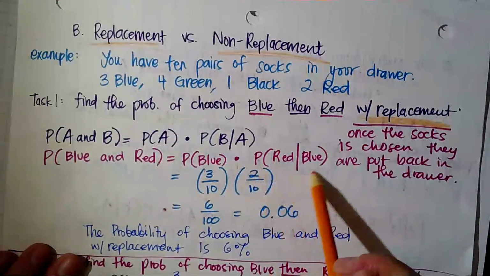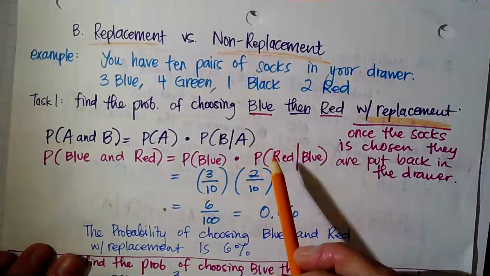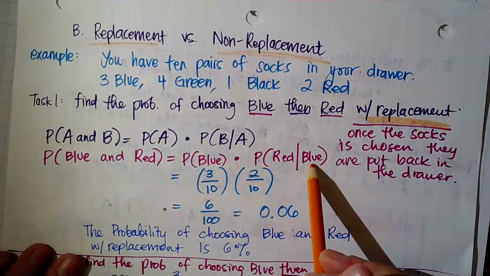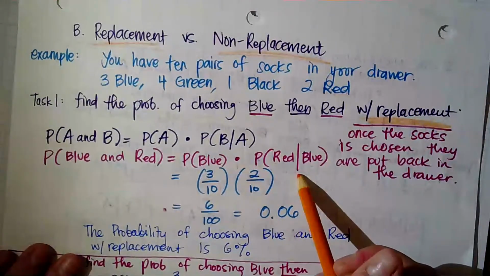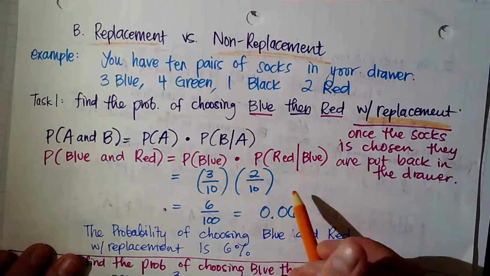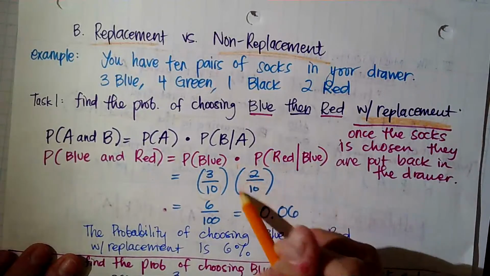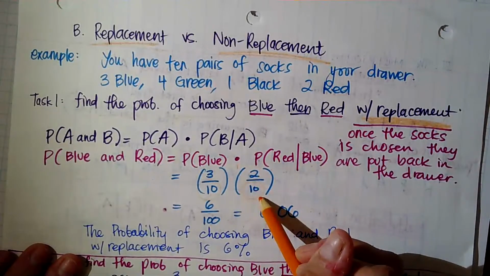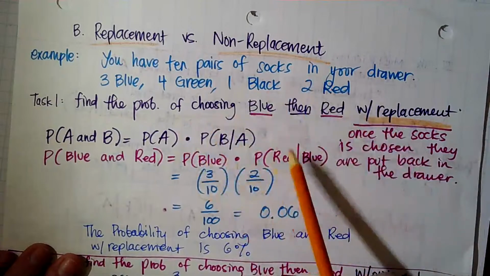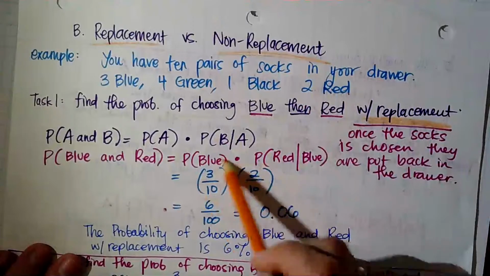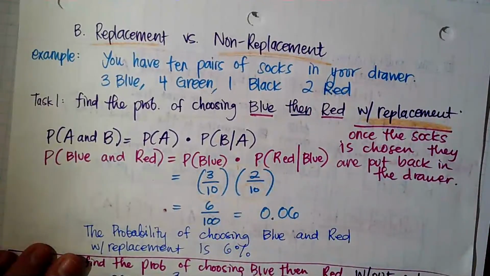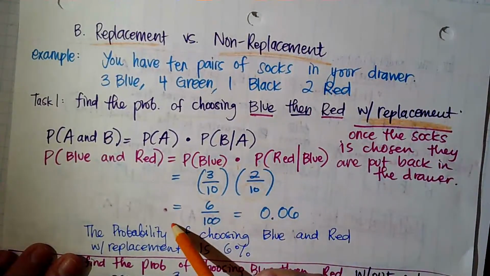Now let's talk about the probability of choosing a red pair of socks after I chose blue, but replaced it. That means I chose the blue already, but I put it back in, so that doesn't change my sample size. I still have 10 pairs of socks. How many of them are red? 2 out of 10. So this is now my probability.